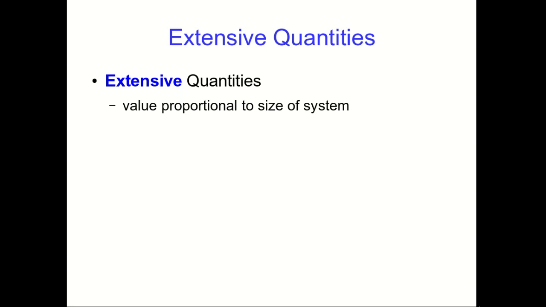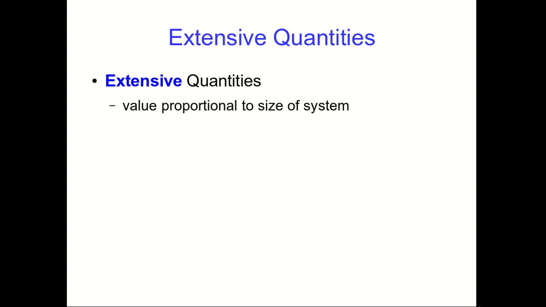Now, the way certain quantities behave is very convenient, and it's worth being aware of them. So the quantities we're going to be mostly concerned with are things that we call extensive quantities. And the basic definition is that the value of an extensive quantity is proportional to the size of the system.